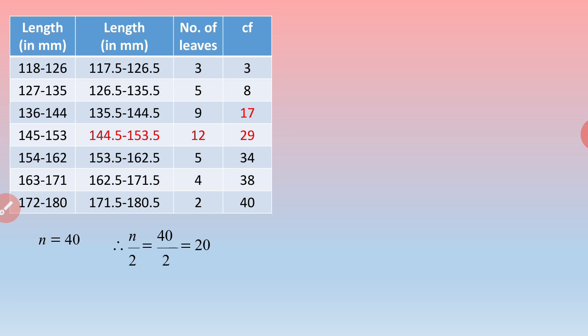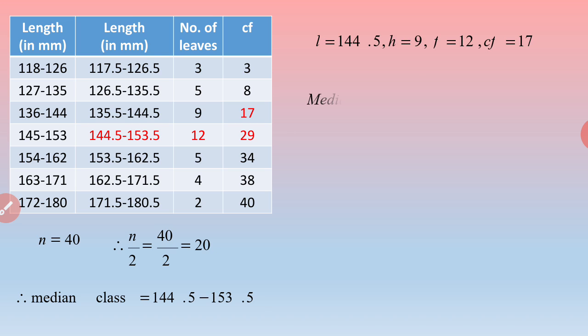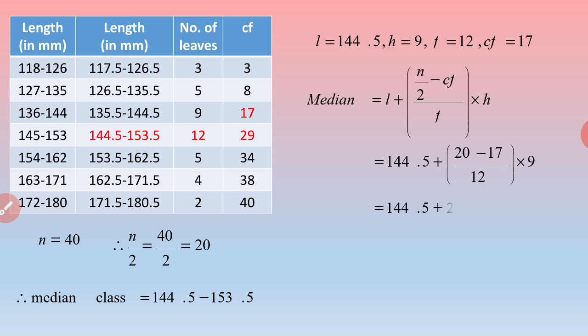So we consider the row which has 29 in it. Corresponding to it will be the median class as well as the frequency, and preceding to that will be our CF, that is 17 in this case. Note down the formula, substitute and solve. You get the median length of the leaves to be 146.75 millimeter.